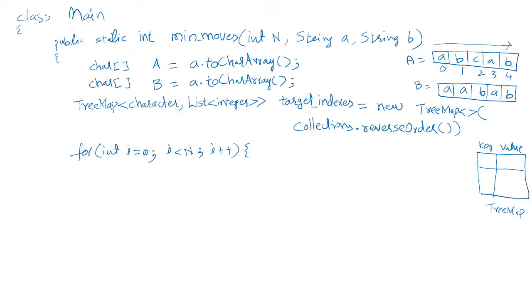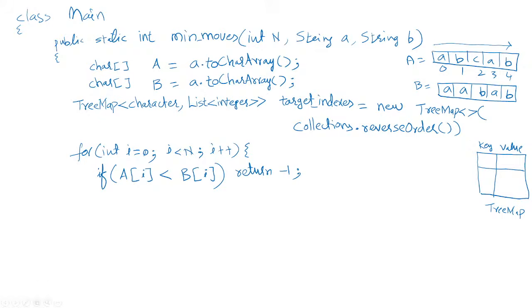No need to process the remaining characters. Got it? So the basic check we will do here: if a of i is less than b of i, we need to return -1. Directly we will return -1.